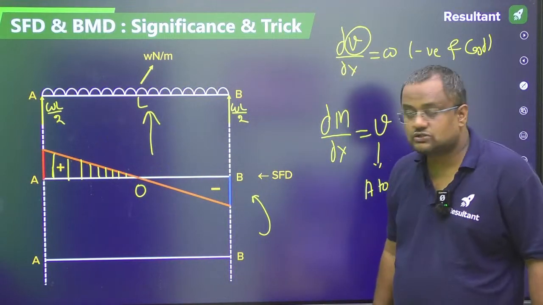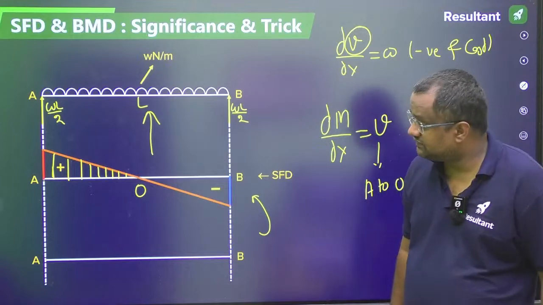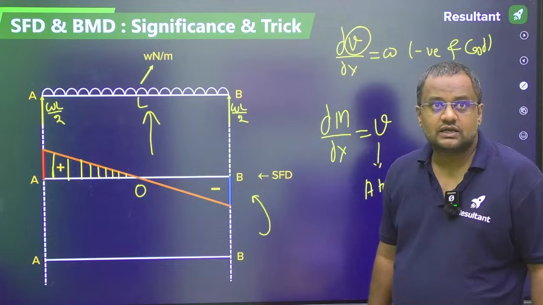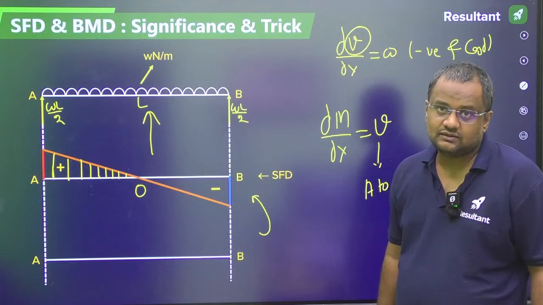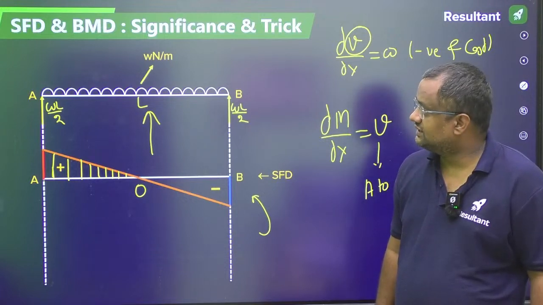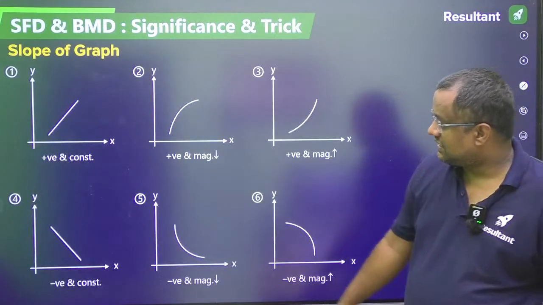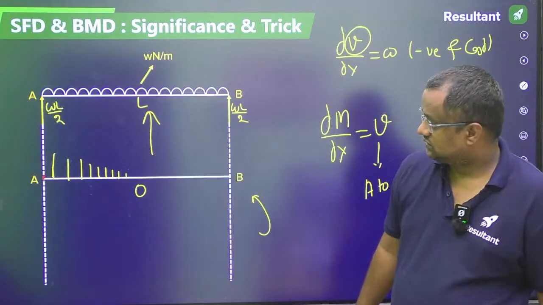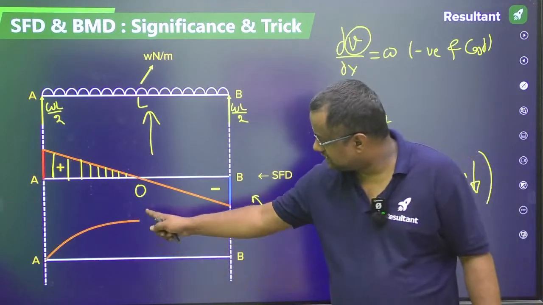So bending moment slope is shear force. Shear force is positive and decreasing, so graph number 2, from there to there.